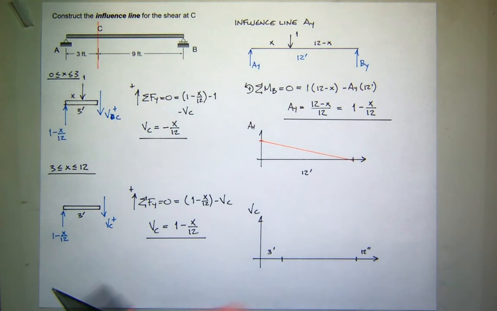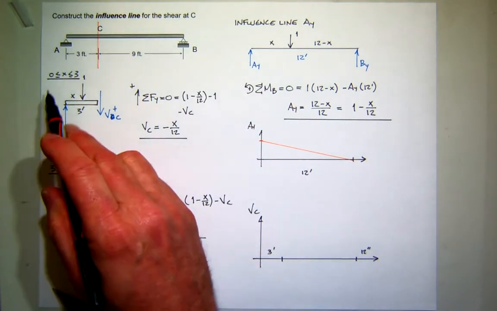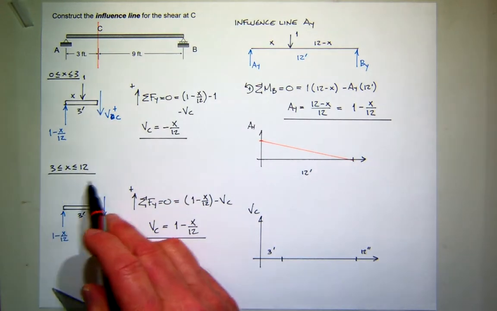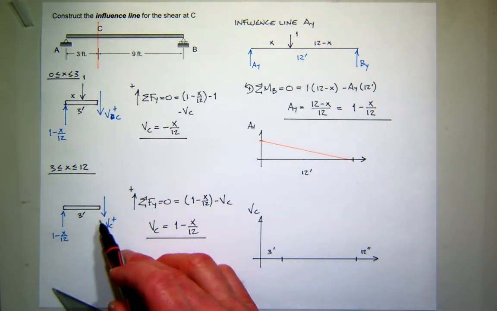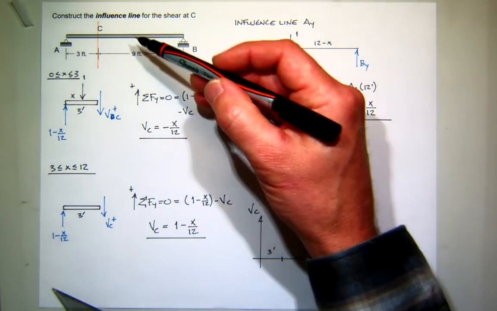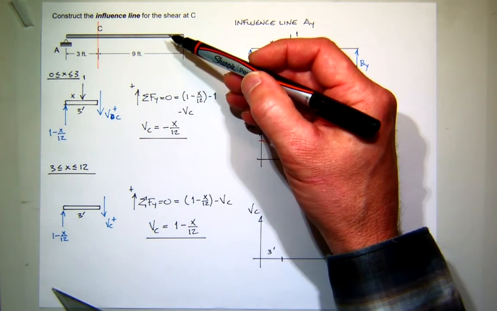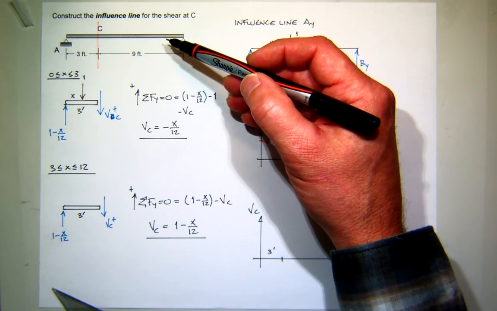And we're not. We're finding the shear at C as the unit load goes from 0 to 3 and then from 3 to 12. The free body never changes. It just exposes the shear at C. Now I could get the same results if I'd have worked the right-hand side. It would just be a little more tedious on the algebra. So the left-hand side is just a little cleaner right now.